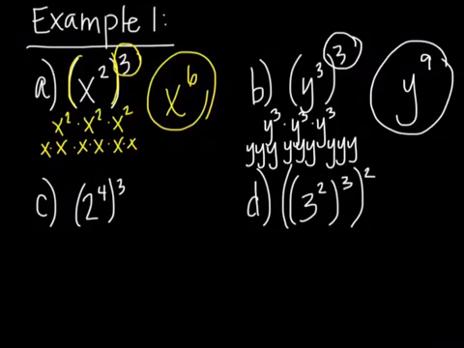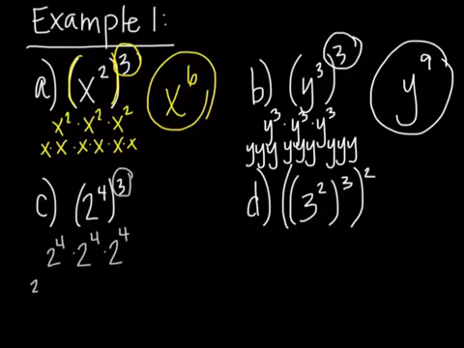I can do the same thing with a number base. In this case, I will look at my outside power, which is 3, and I will take what's inside the parentheses and multiply it by itself 3 times. So 2 to the fourth times itself 3 times.